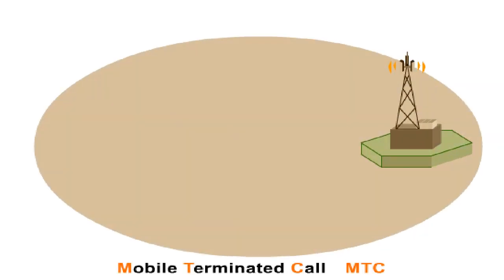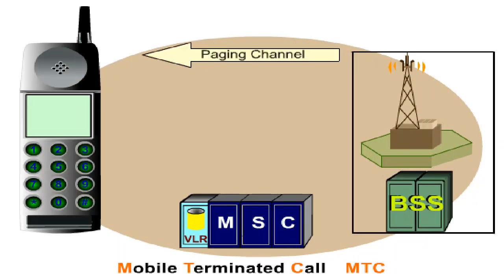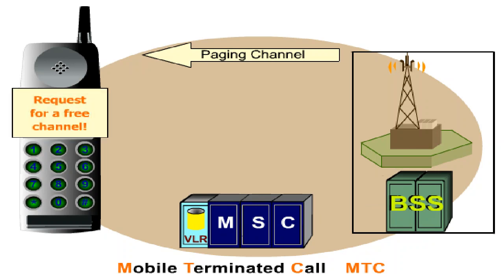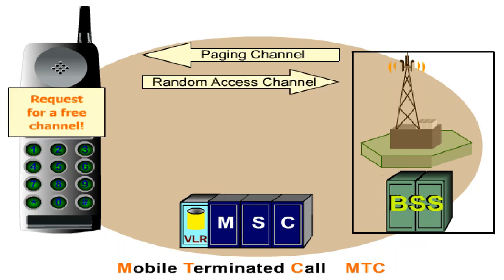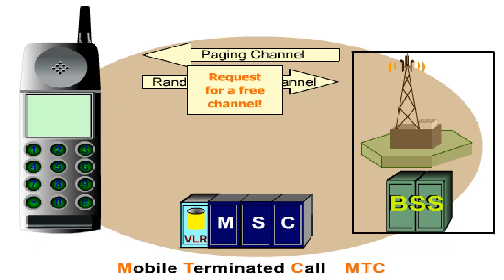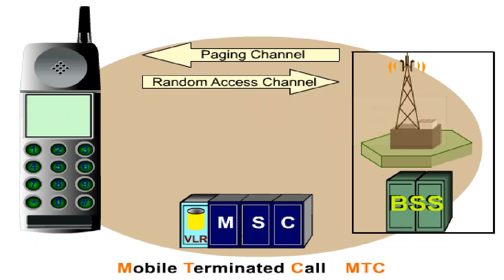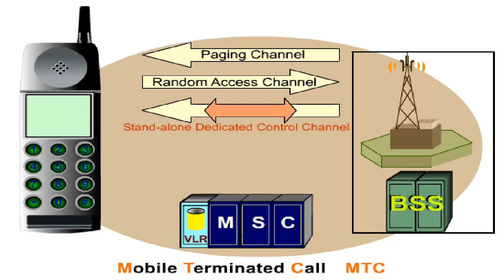The called mobile station reacts to the paging with a request to the network for a free channel. This request is sent via the Random Access Channel, RACH, in an uplink to the BSS. This allocates, through the Access Grant Channel, AGCH, a stand-alone dedicated control channel, SDCCH, to the mobile station.